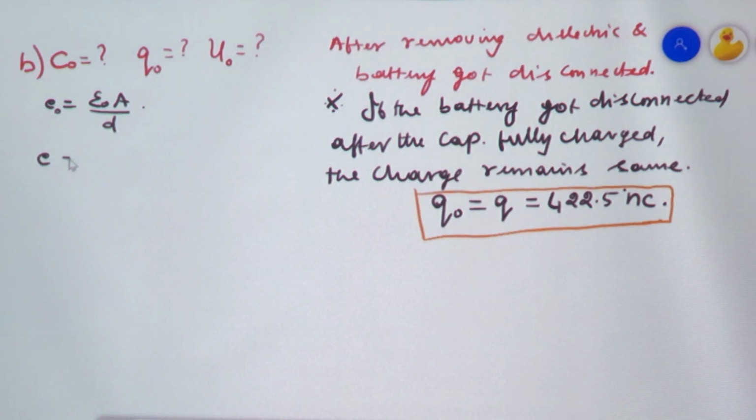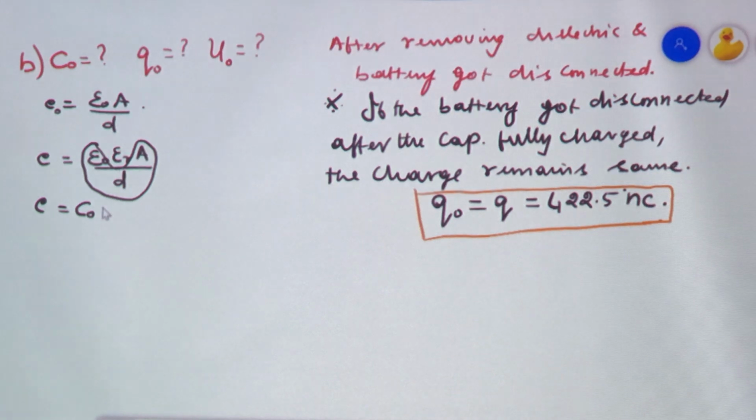When you are considering C after introducing dielectric, the formula is epsilon 0, epsilon R into A by D. Comparing these two equations, I can write capacitance C is equal to C0 multiplied with epsilon R. Therefore, I can write C0 is equal to C divided by epsilon R.